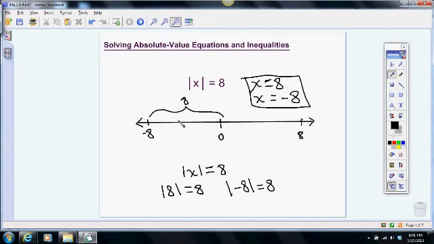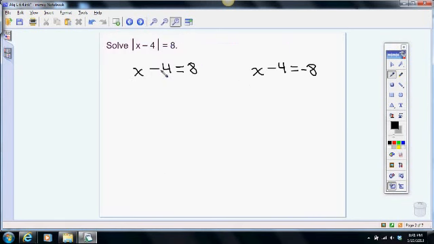So the absolute value, since it's always going to be positive, inside here can be a positive or a negative. So when you have an equal sign, an equation, you're basically going to set up two equations. x minus 4 equals 8, x minus 4 equals negative 8. Solve these equations just like you always have. So we'll add 4 to each side, and we get x equals 12.